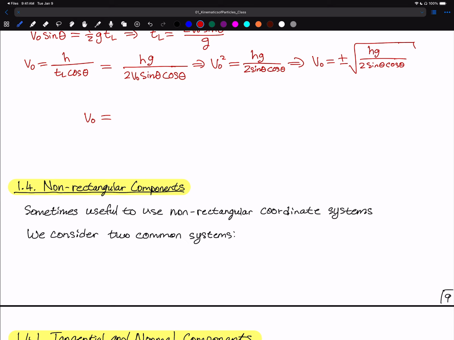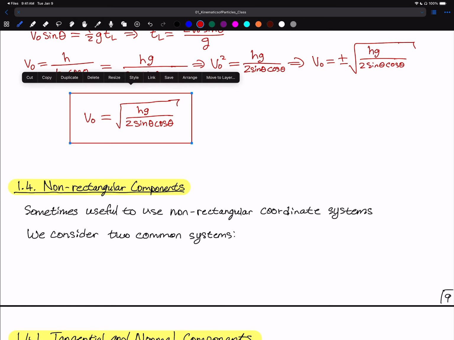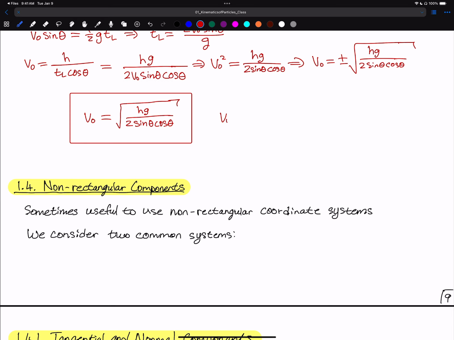So v0 is going to be equal to the square root of h g divided by 2 sine theta cosine theta. And if you plug in the numbers, you'll find that v0 must be equal to 38.44 feet per second.